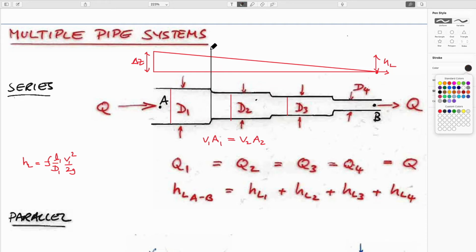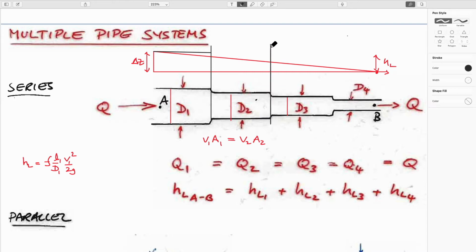Between each of these components, if you just think about it in a way that makes sense, you'd expect that each one of these would be the head loss along here. A bigger diameter pipe is much more efficient in transmitting fluid, and so the head loss in this would perhaps be less than the average.